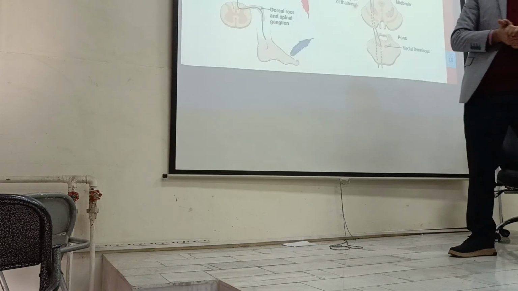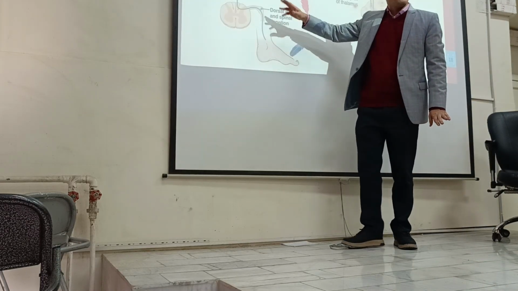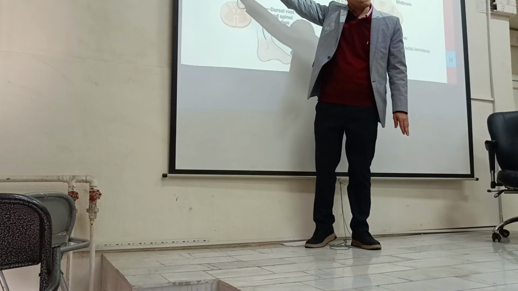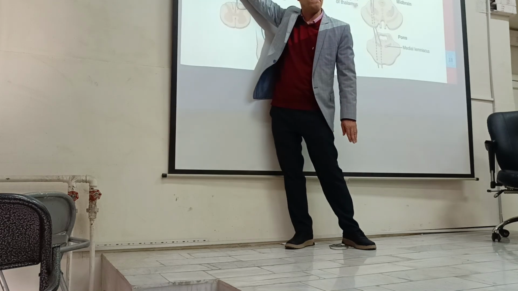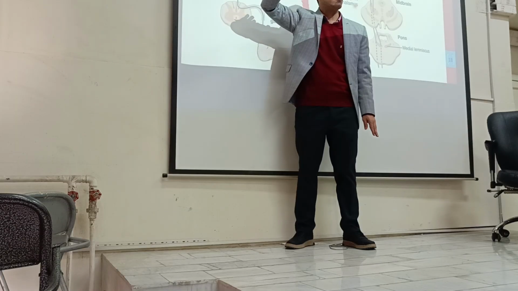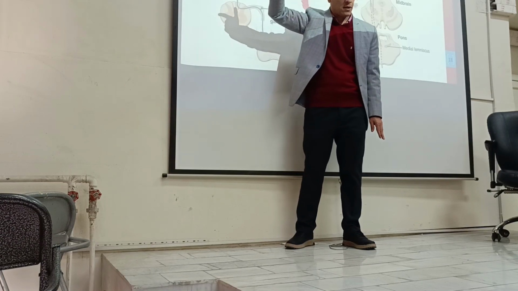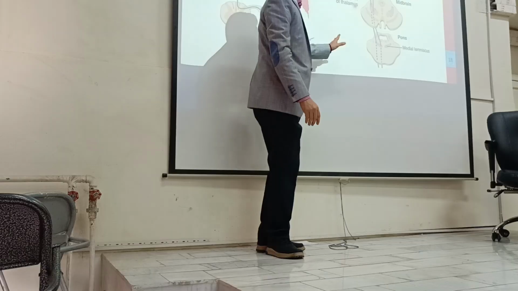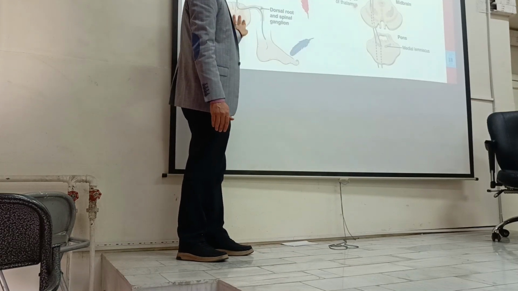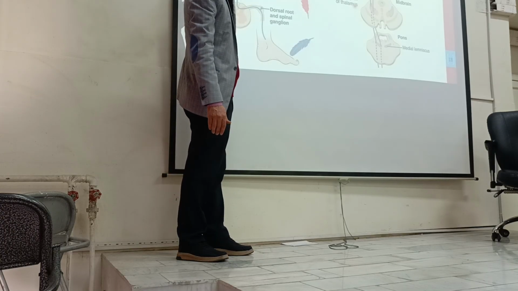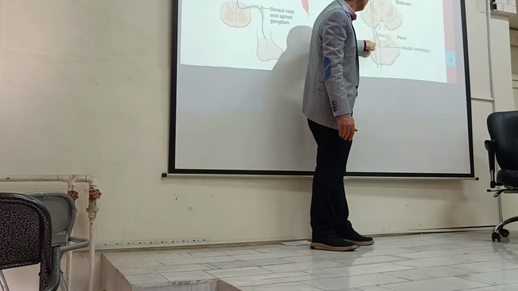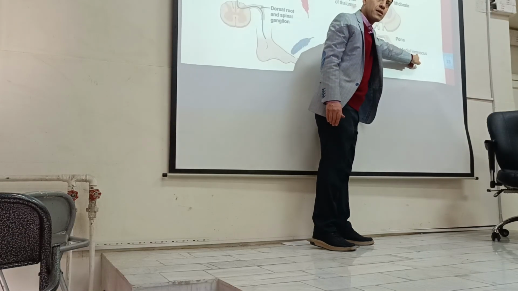Got this? Okay. So again, both of these cross the midline and enter the brainstem. In the brainstem, we have a tract that is called medial lemniscus, right? So in the spinal cord, fibers travel through dorsal columns, but in medulla, pons, and midbrain, they go through medial lemniscus, right?